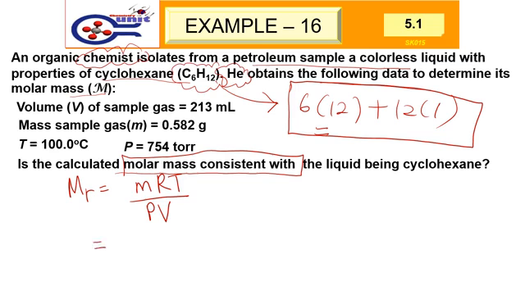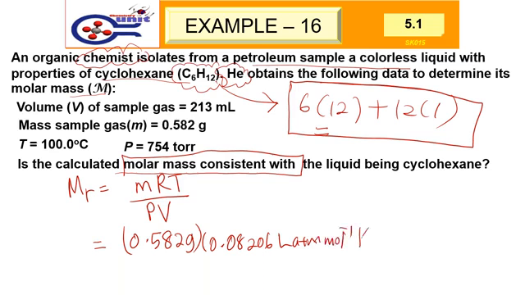Dia bagi situ. Mass is 0.582 gram. Okay, R constant awak 0.08206 liter ATM per mole per Kelvin. And then the temperature, okay, dia bagi sini 100 degree Celsius. So, kita kena convert. Okay, kalau convert berapa dapat? 100 tambah 273.15.